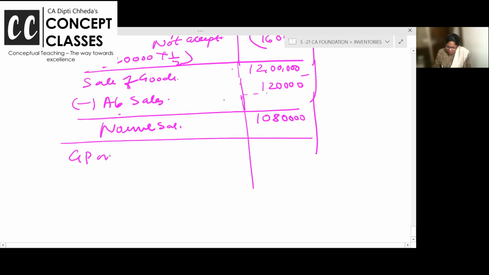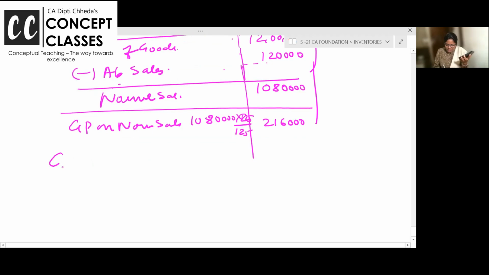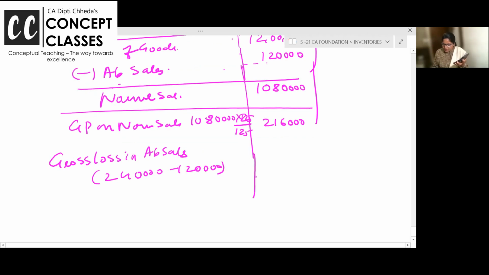Now what is GP on normal sales? 10,80,000 into 25 divided by 125. Normal sales. 120 sales is abnormal. So 1080 into 25 divided by 125. 2,16,000. And in abnormal sales, there is gross loss. 2,40,000 item is sold for 1,20,000.